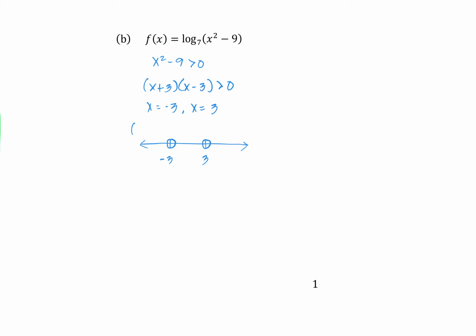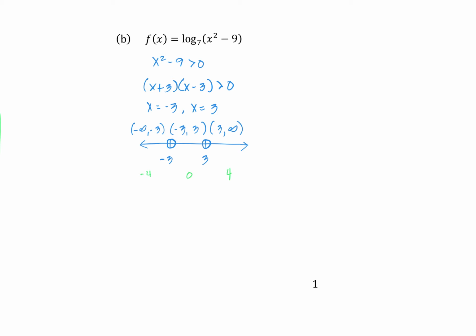So the domain will either go from negative infinity to negative 3 with a parenthesis, or parenthesis negative 3 to positive 3, or parenthesis 3 to positive infinity. If I were to pick test points, maybe I would do -4, 0, and +4.